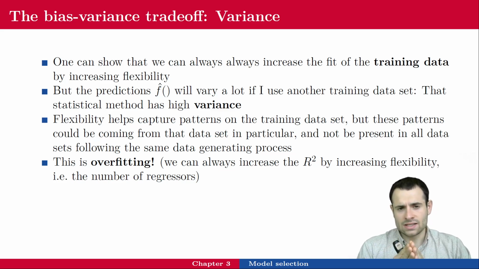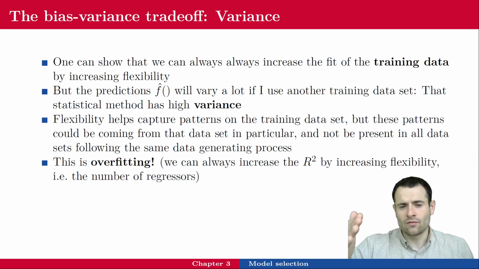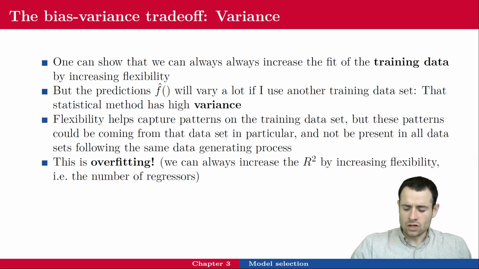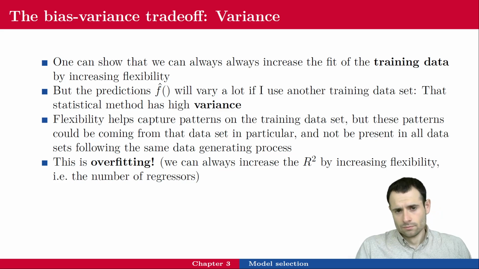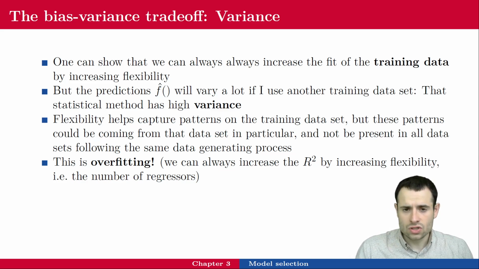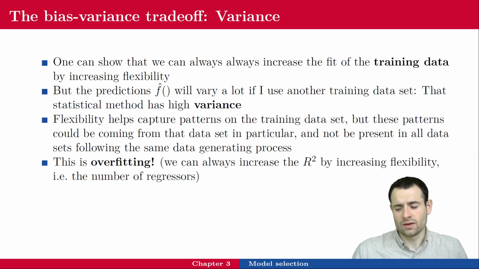Either I have the same x, but I am adding x squared, x3, x4, x5, and so on. And I mean powers. Or I'm adding different x's, but I'm adding more and more and more of them. Both types of flexibility will increase R squared as we increase the number of terms used in the estimation part.